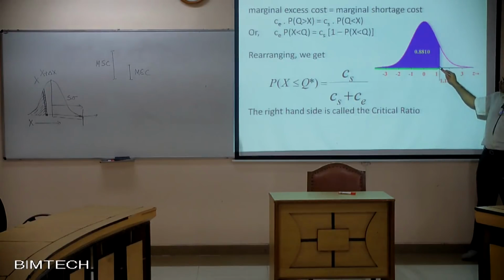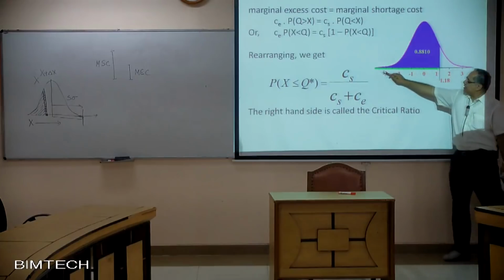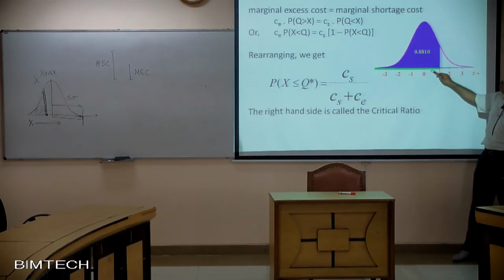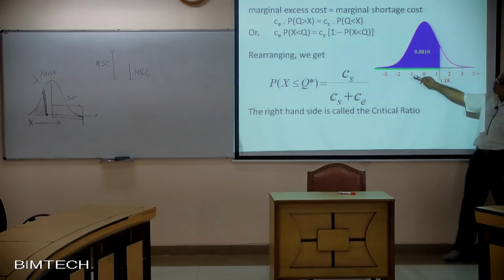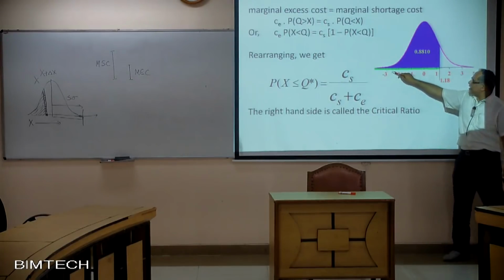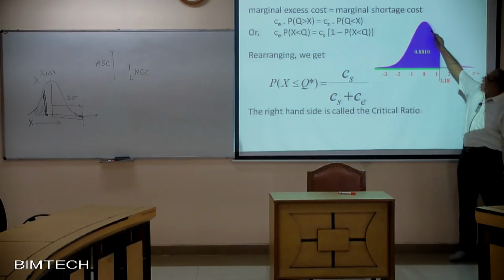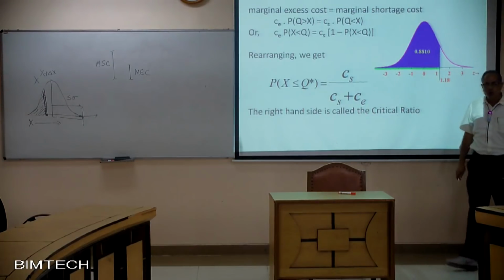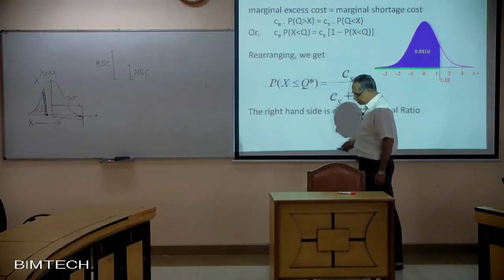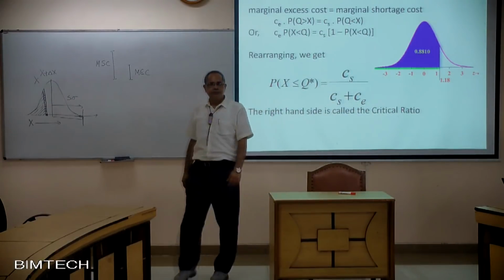So let us say the q star value is here and x is varying from here to here. What is the probability of x being less than or equal to q star? It is the entire area which we have shaded as blue, as you can see in the figure.